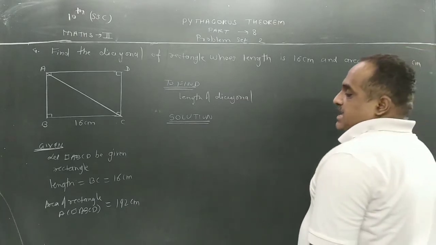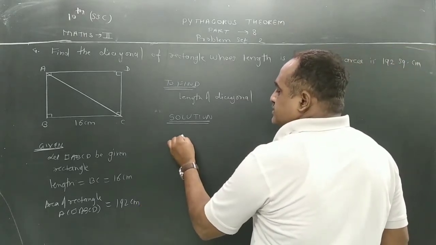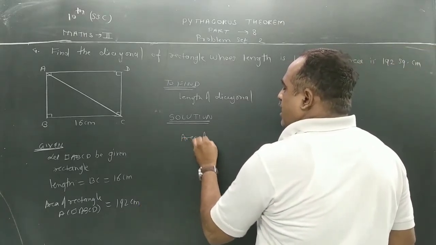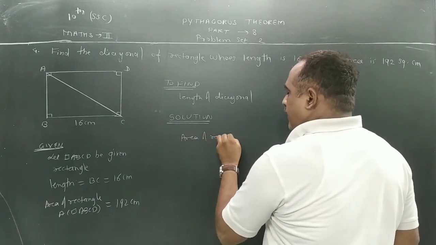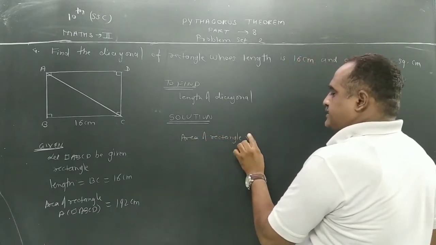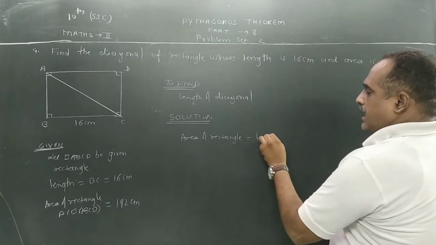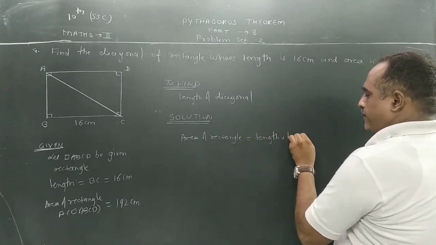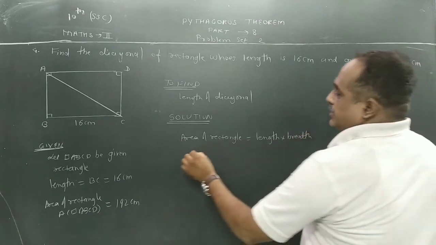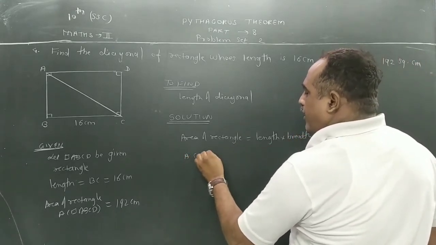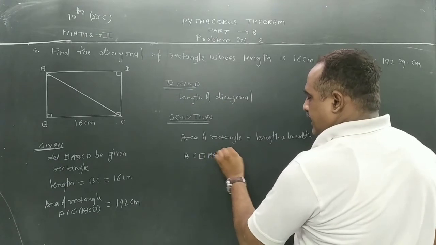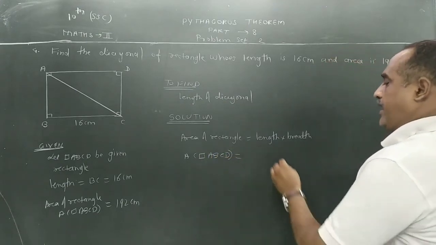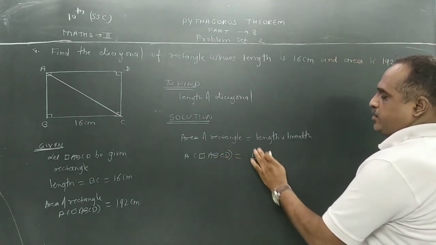First of all, we'll start with the area. So, area of rectangle is equal to length into breadth. So, area of quadrilateral ABCD is equal to length BC into AB.